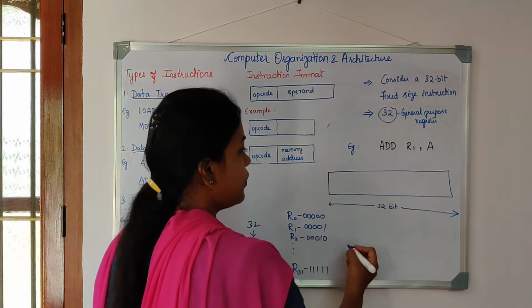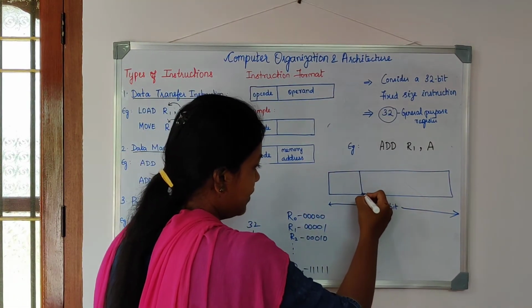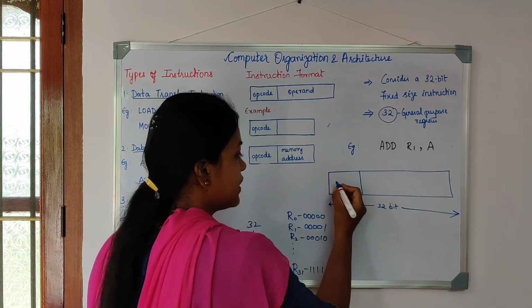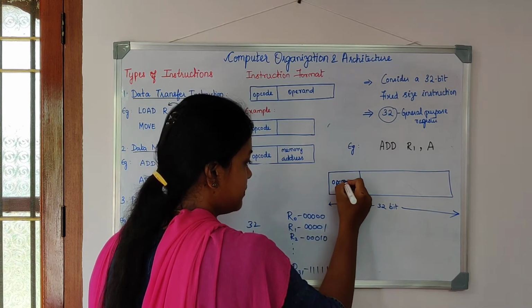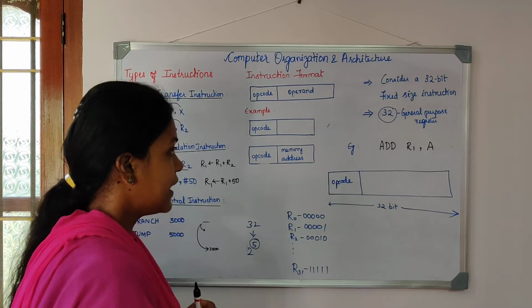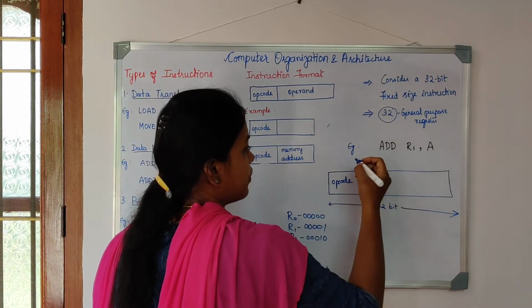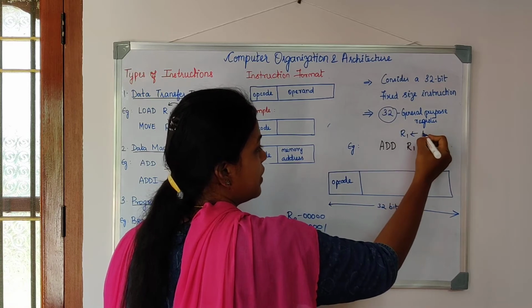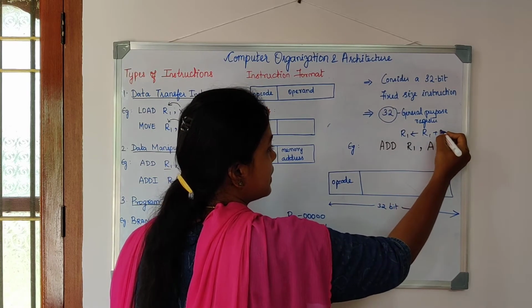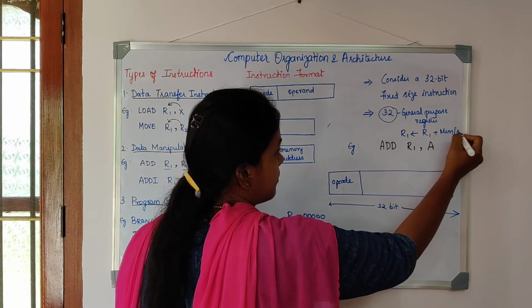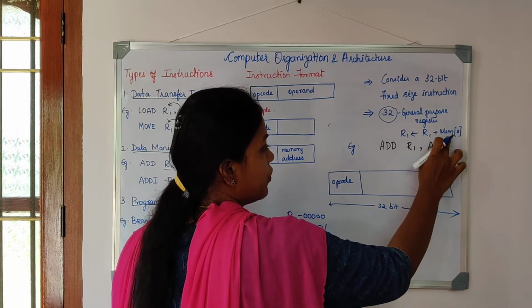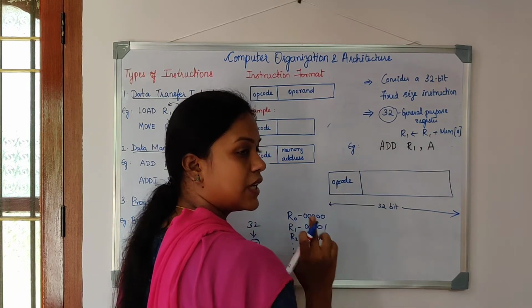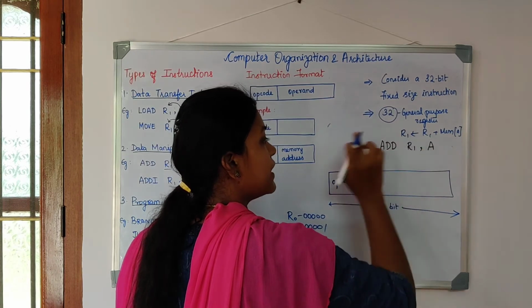Okay, so we are going to divide the instruction format like this. The first part will be the opcode. And the second part, this we are going to divide and write. What is this instruction actually? R1 is equal to R1 plus memory A. So we are going to bring the data from the memory location A, add it with R1 and place it in R1.